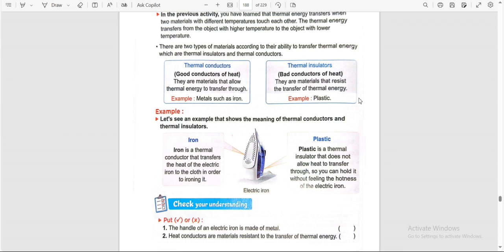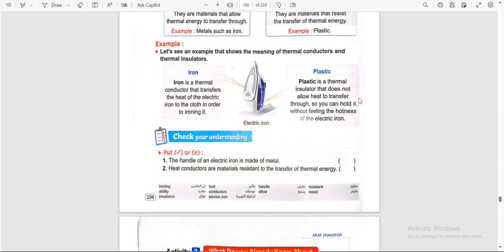A very important thing to notice here. Thermal insulators do not stop the flow of heat, but they slow it down and they resist it, unlike electrical insulators, which stop the electrical flow completely. So let's take a look at this electric iron.